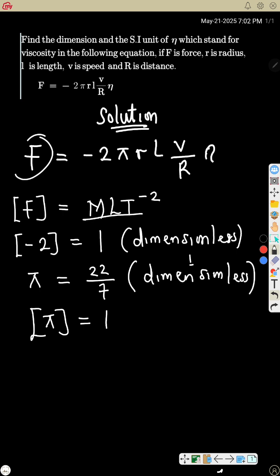Like that, we are trying to write each dimension. F is M L T raised to power minus 2. Minus 2 is 1. Pi is 1 in dimension.